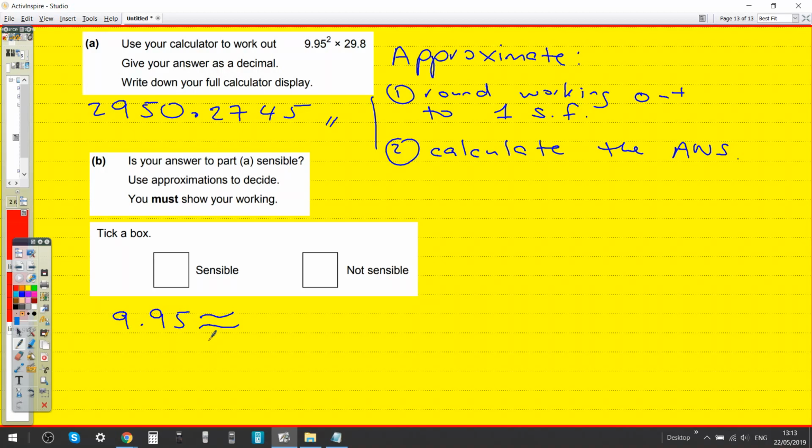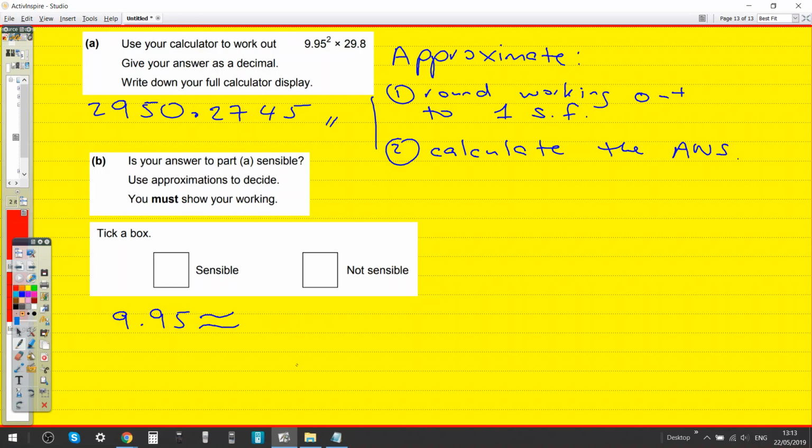So that would be 9.10. That has two figures. 10.1. That still has two, and technically three, because the 0 in the middle has significance.